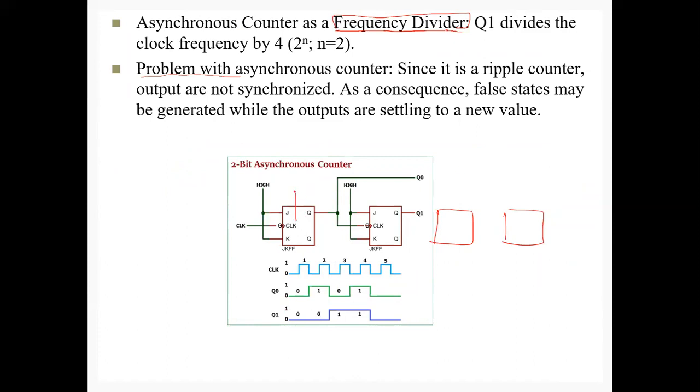So this counts up to 2 to the 0, 2 to the 1. This plus this can count 2 to the 2. This plus this, 2 to the 3. This plus this can count 2 to the 4. So 16, done. You just add 2 more and you're done.